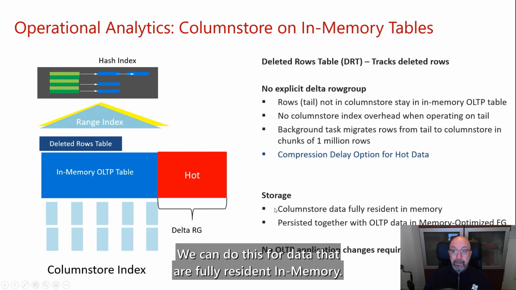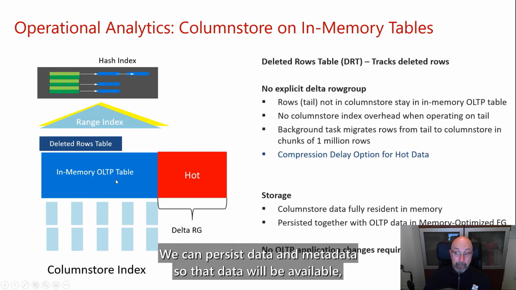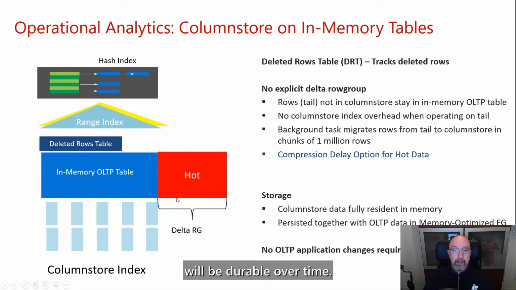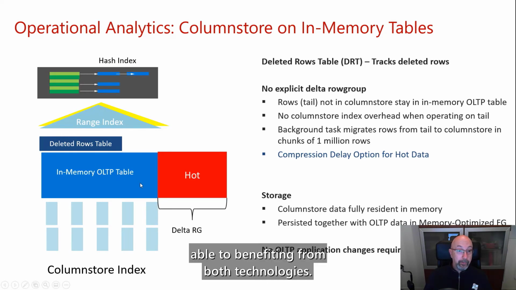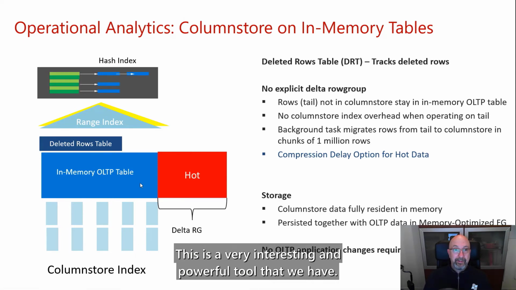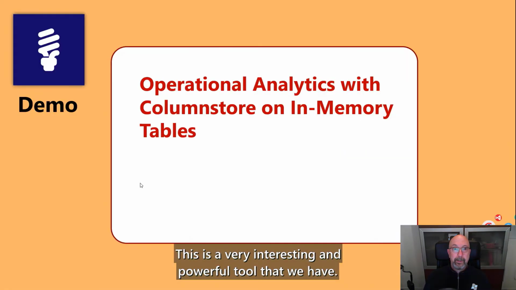We can do this for data that are fully resident in memory, and we can persist data and metadata so that data will be durable over time, right? And you don't need to change your OLTP application in order to benefit from both technologies. This is a very, very interesting and powerful tool that we have.